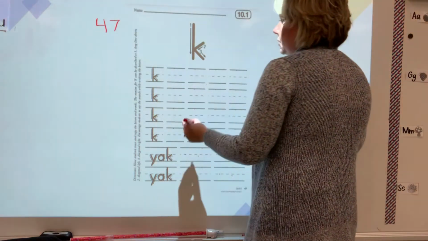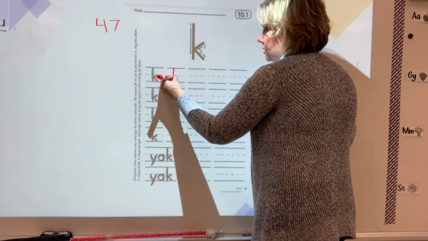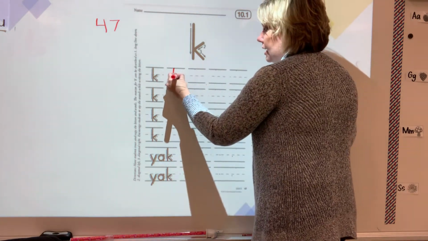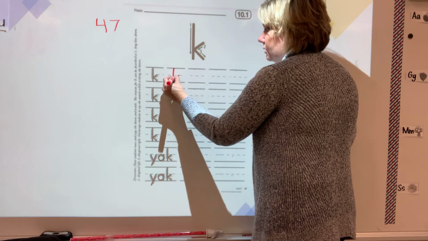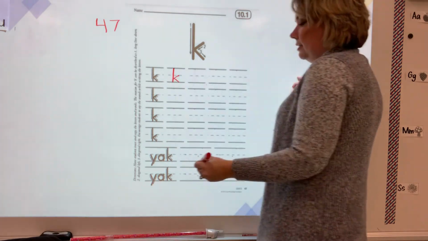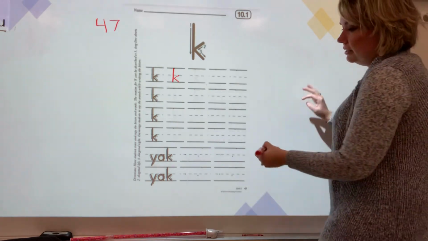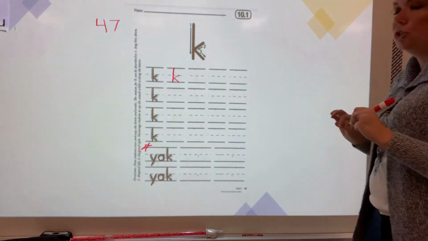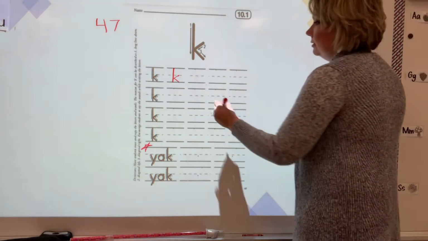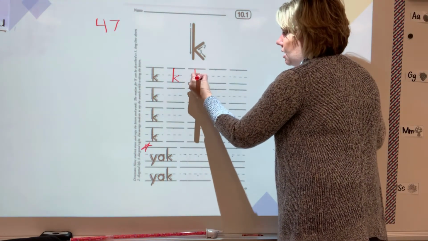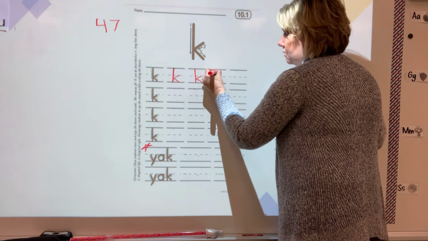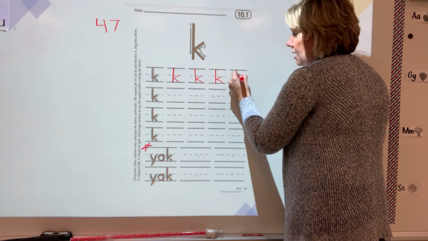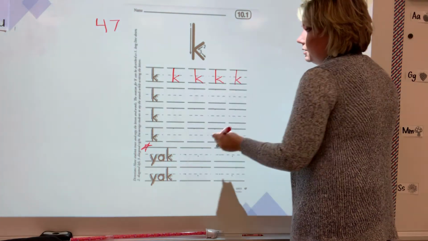So you're going to do from the top line to the bottom, lift, go to the dotted line, diagonal to the left, diagonal to the right. Go ahead and do that and stop at our word. Go ahead and trace your k sound all the way across. Remember, do not go past that dotted line when you do your diagonal lines.